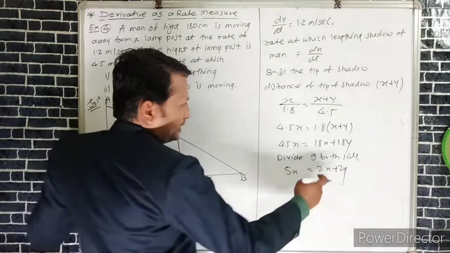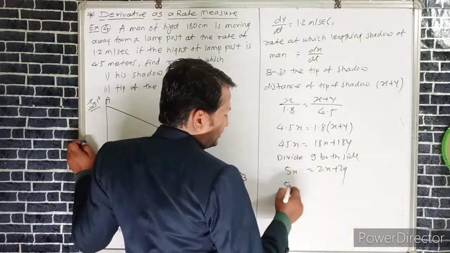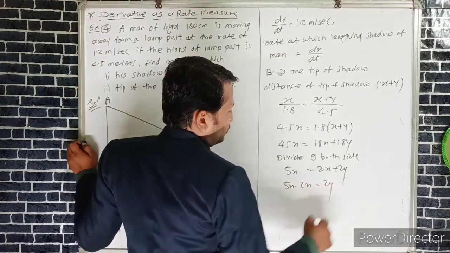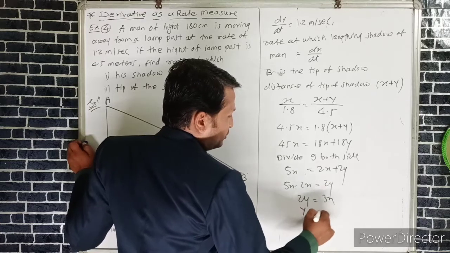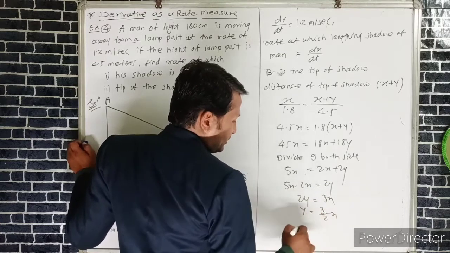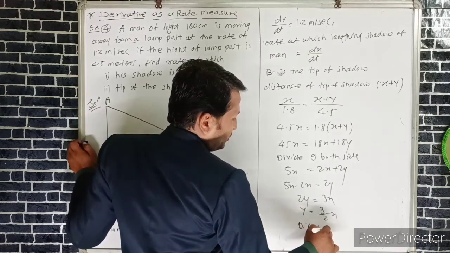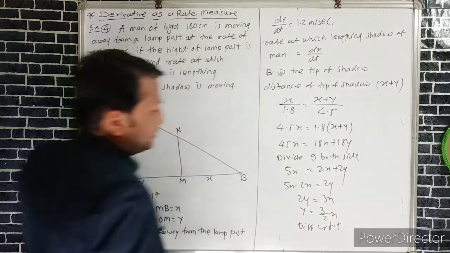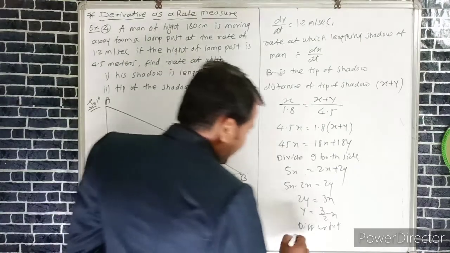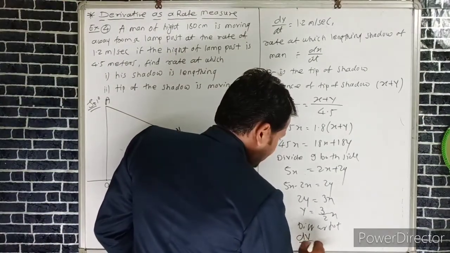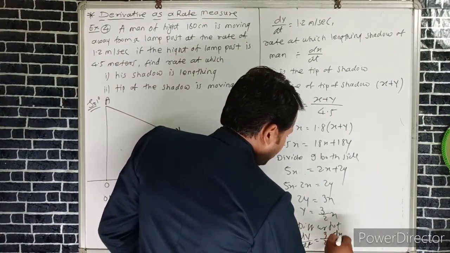Taking 2x to the left side, 5x minus 2x is equal to 2y. Hence 2y is equal to 3x, or y is equal to 3/2 x. If we differentiate with respect to time t, dy/dt is equal to 3/2 into dx/dt.